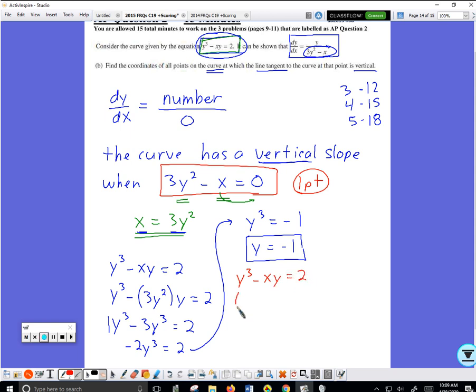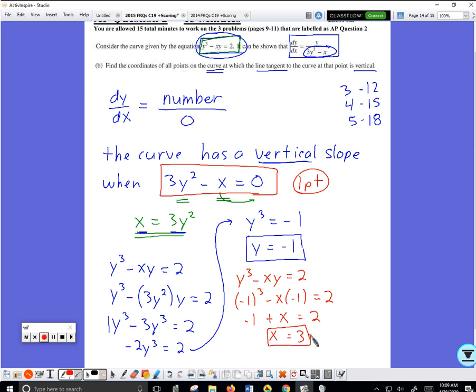And we're going to plug into that equation y equal negative 1. So this is going to be negative 1 plus x equals 2. Add 1 to both sides, sorry, and you get x equal 3.